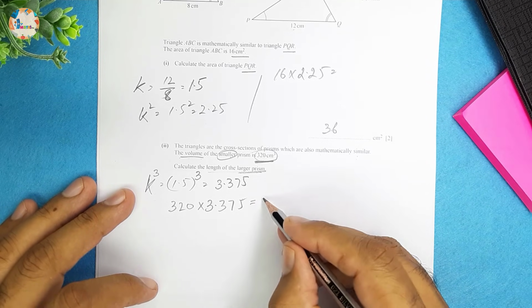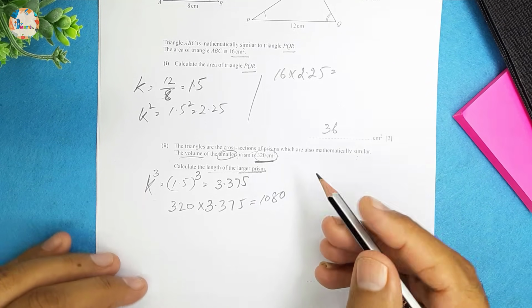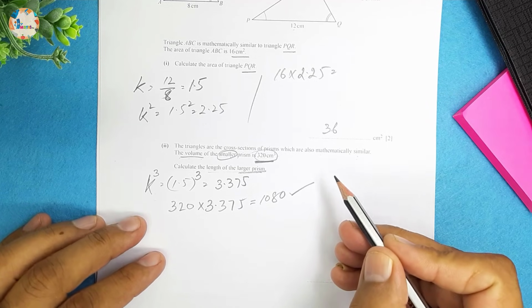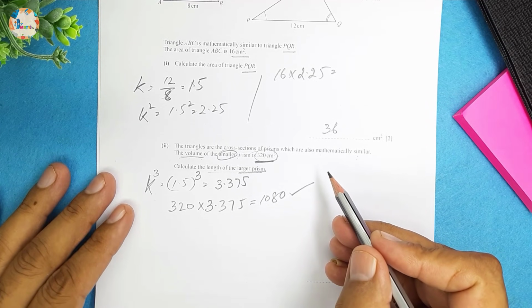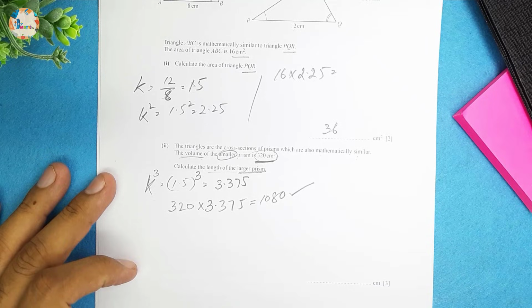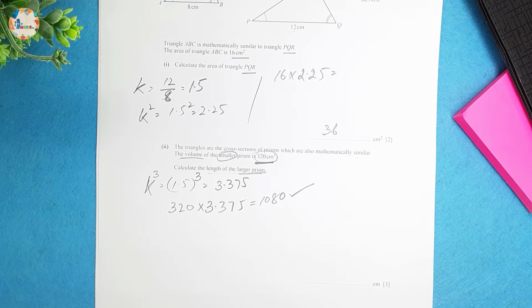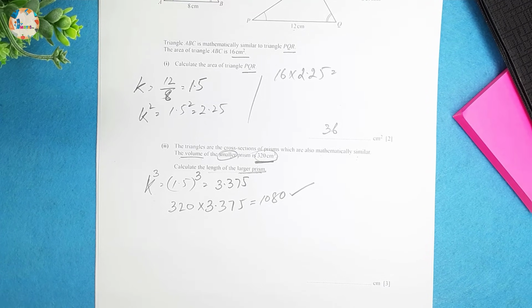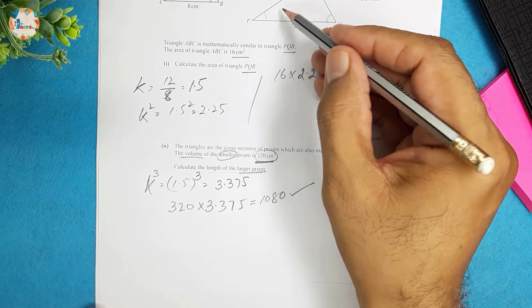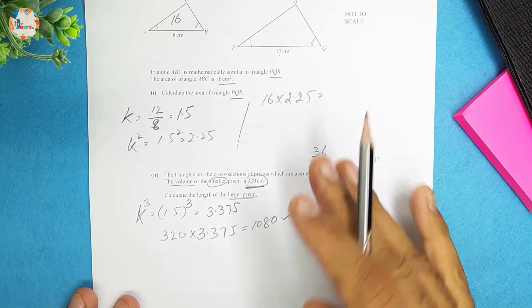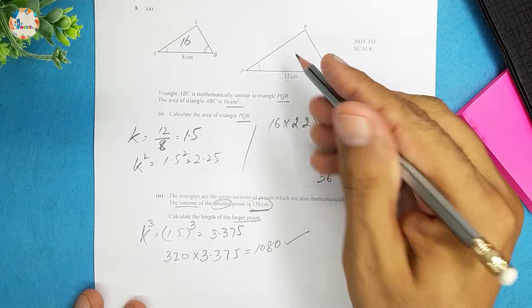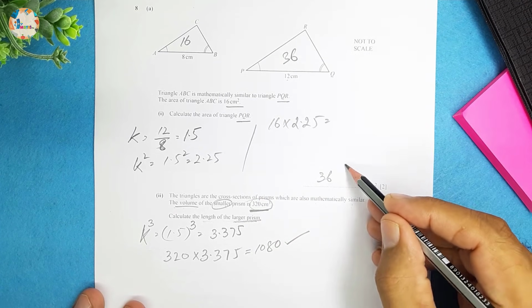This is the volume which is 1080, and with this volume we will calculate this length from here. And now we know the area of this bigger triangle is 36, which we have calculated over here.